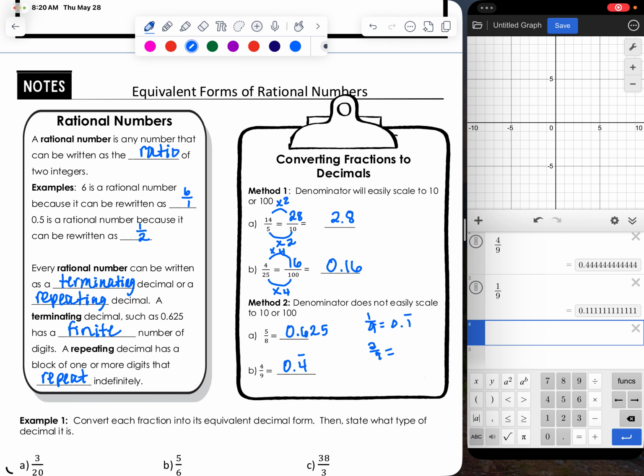Make a guess what you think that's going to be. Let's try your guess. 0.222 repeating. This pattern is very interesting with ninths, and we're going to talk about it some more. But just know if you have a ninth, you're always going to have that repeating decimal.